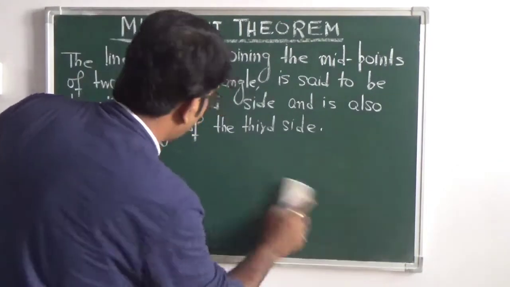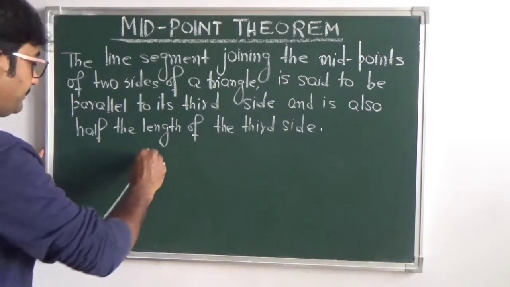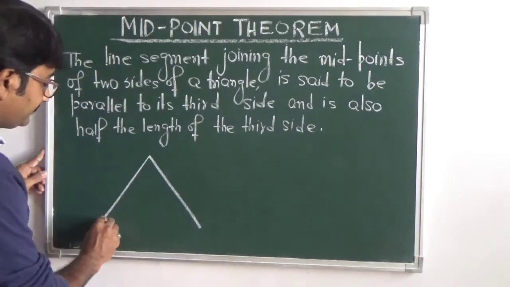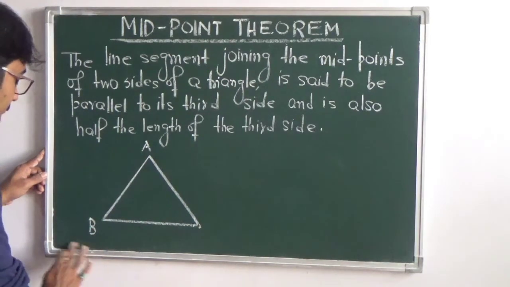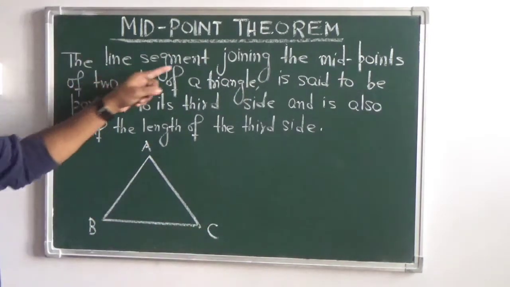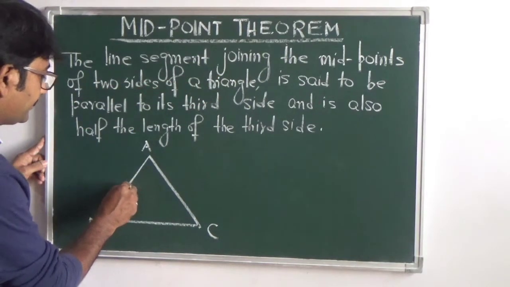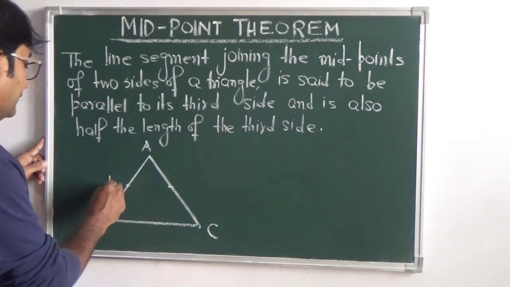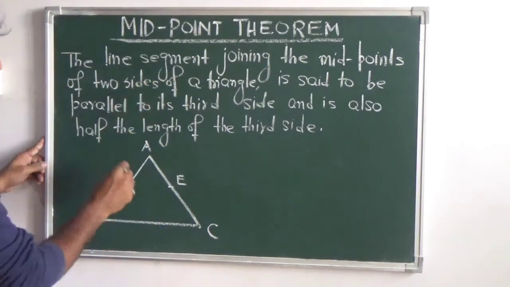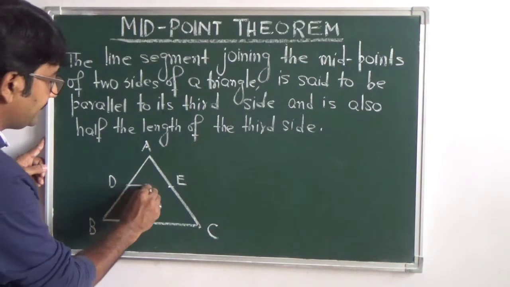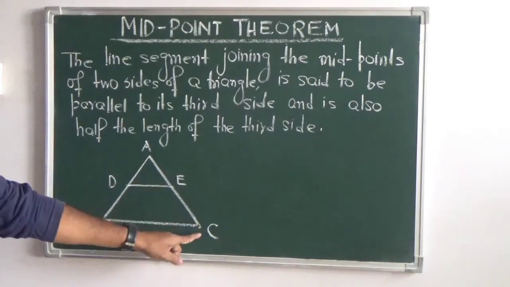So according to the definition, if this is the triangle ABC, the line segment joining the midpoints of two sides of a triangle. So let us take the midpoints of AB and AC as D and E. So we join D and E. D is the midpoint of AB, E is the midpoint of AC.